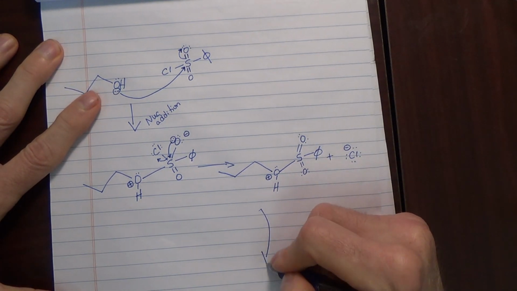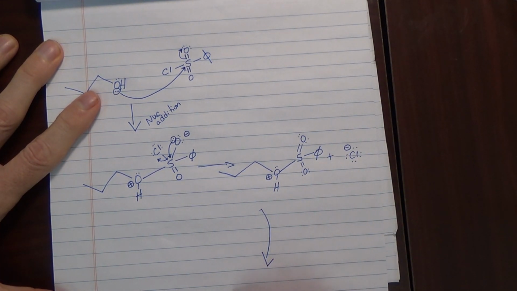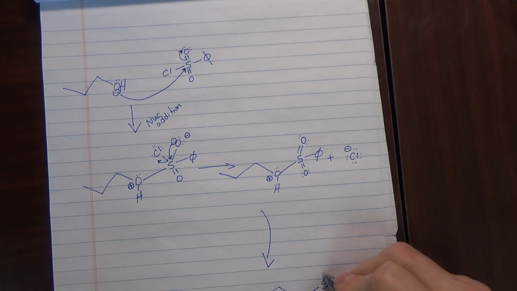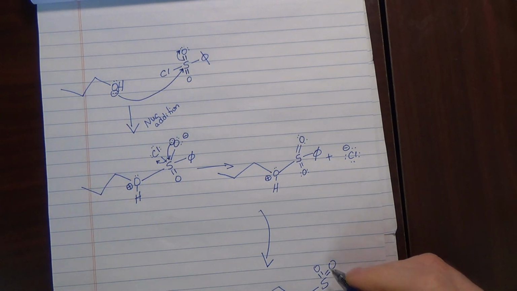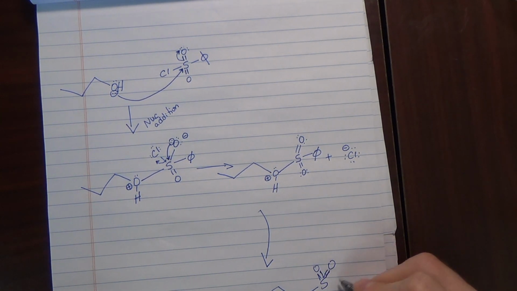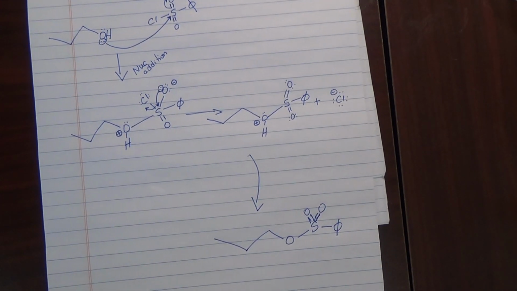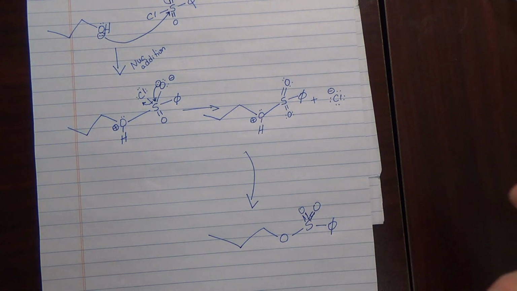Now we're looking to get the final product, which is there. We can even draw both oxygens up like that. Let's make sure they're coming from the sulfur. And then the toluene ring. Right? There's your product.